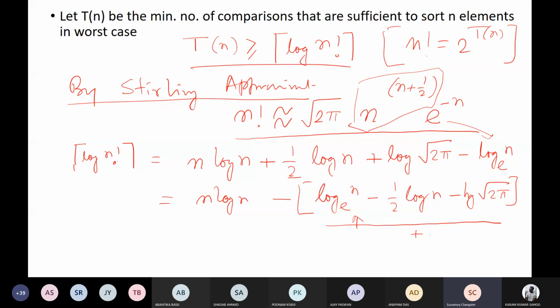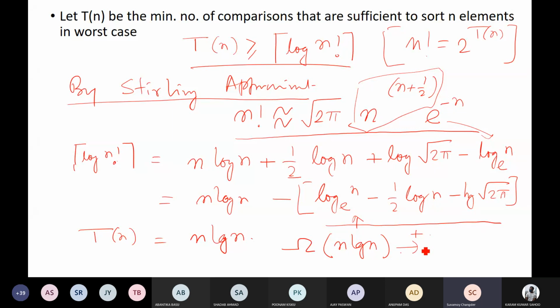Okay, and we can write that the minimum value of Tn is n log n, and hence the lower bound for any sorting algorithm is omega of n log n.